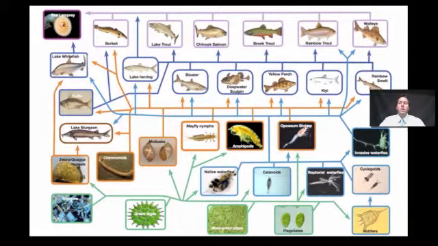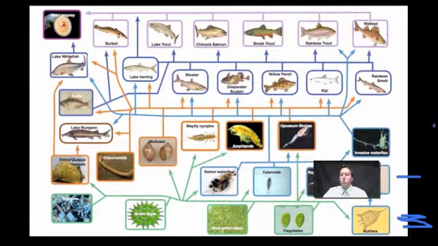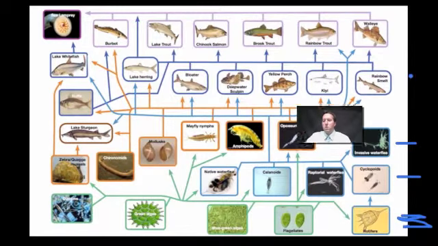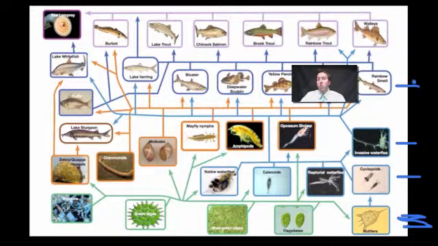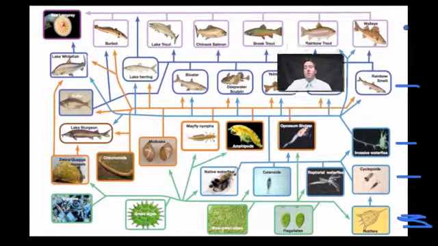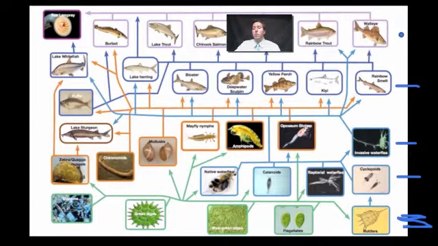But again, we can think about the trophic levels of this food web. The organisms down the bottom are the producers, and then we have the first order consumers, the second order consumers, the third order consumers, or tertiary consumers, and then the top of the food chain is our top order predators, or the quaternary consumers.